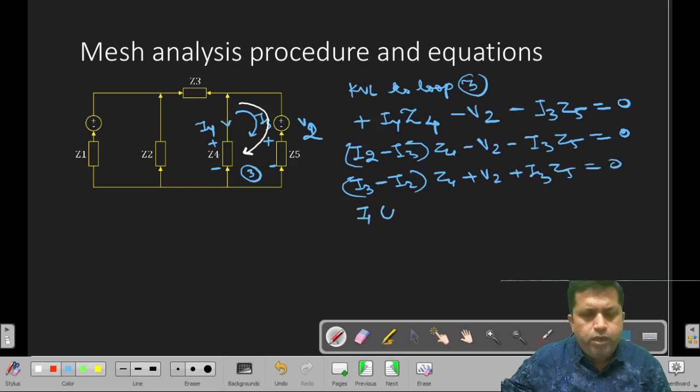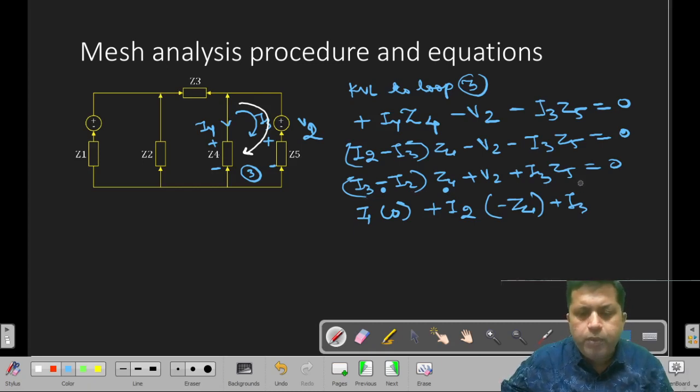So I1, no term of I1, so 0, plus I2, is there any term of I2? Yes, minus Z4, plus I3, what is the term? The I3 term is Z4 plus Z5.